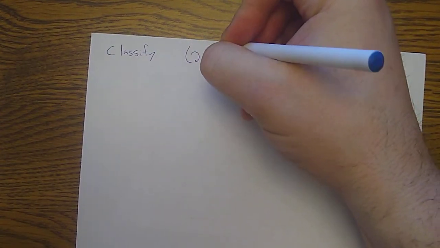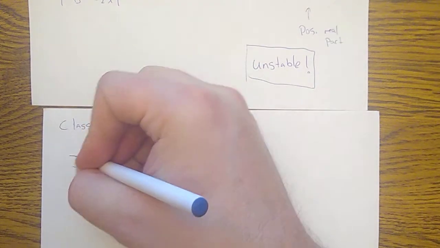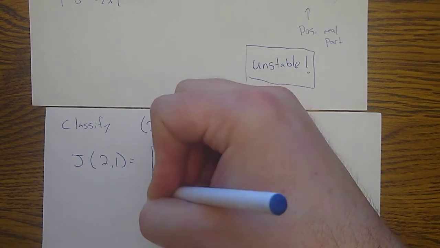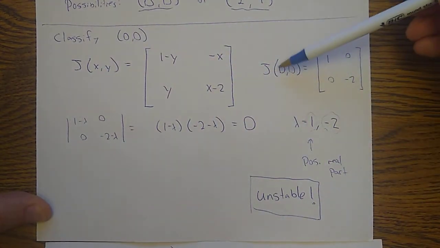Meanwhile, let's classify the other critical point, 2, 1, and I can steal some of my work because I already did the general Jacobian, J of x, y, and before I was plugging in 0, 0.